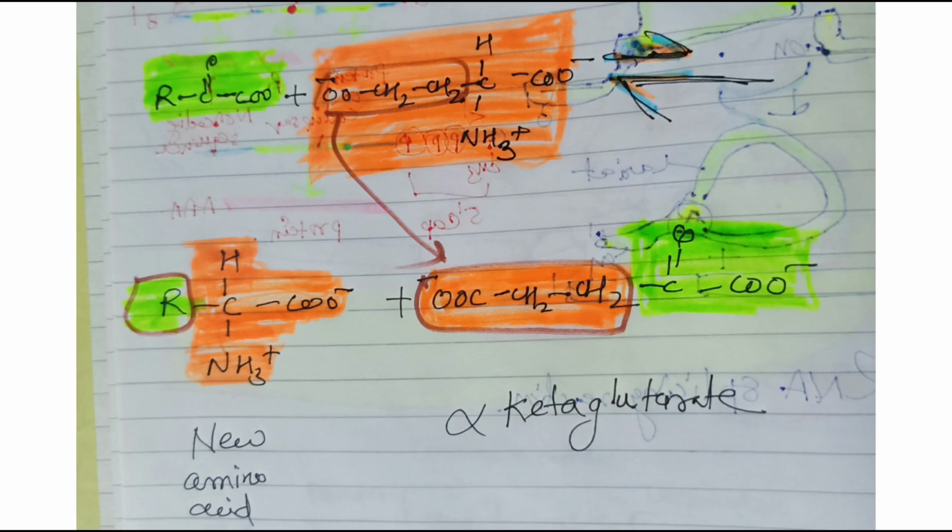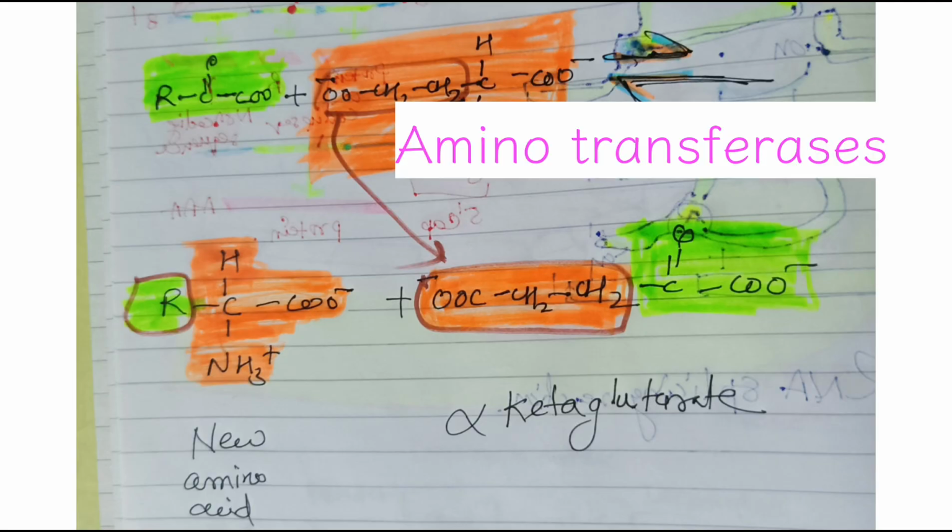Now let's know what is transamination. So many amino acid biosynthesis pathways involve this particular transamination reaction, where the alpha amino group from one amino acid is transferred to an alpha keto acid and it produces a new amino acid. So this reaction is catalyzed by an enzyme called aminotransferase. It is also known as transaminase.